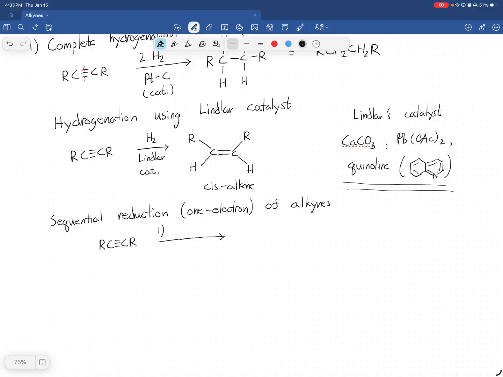Okay, so you're going to use either sodium or lithium, either one of those metals, and you're going to use liquid ammonia here. And the second step is a water molecule.